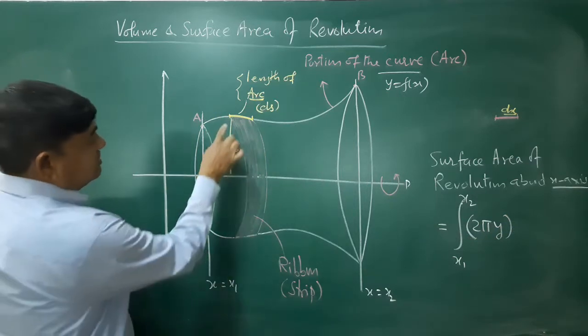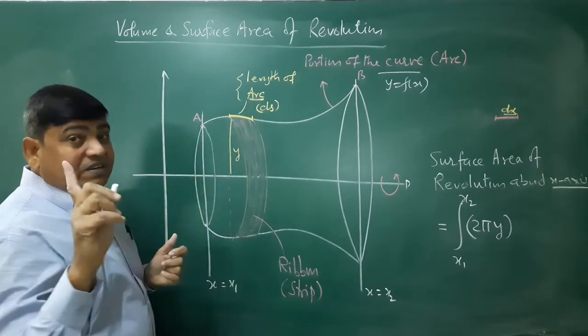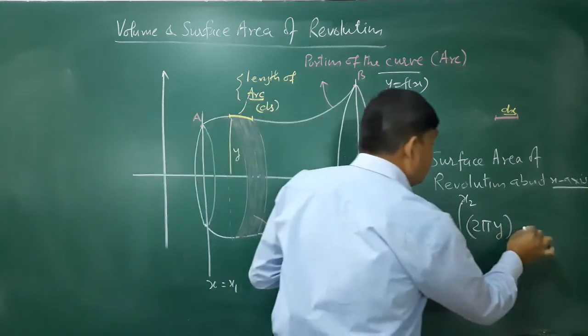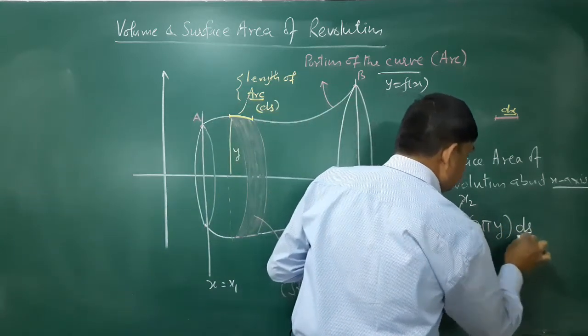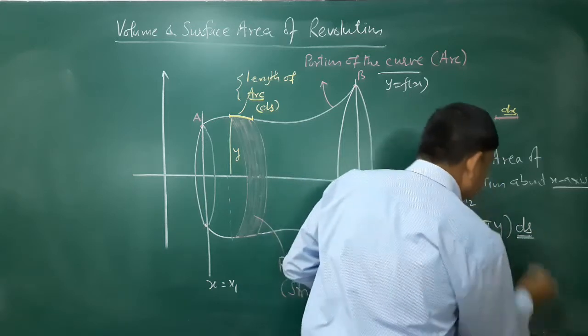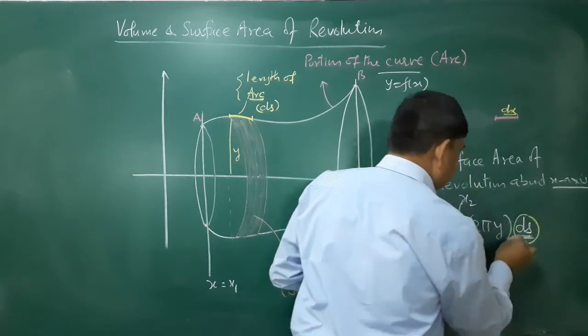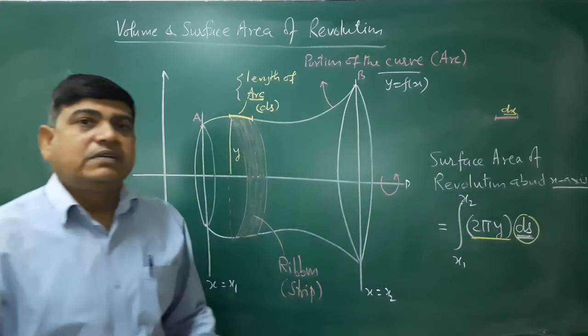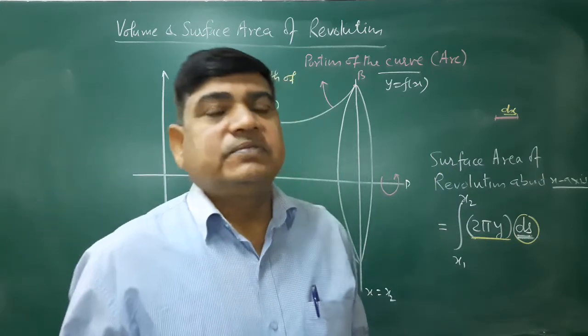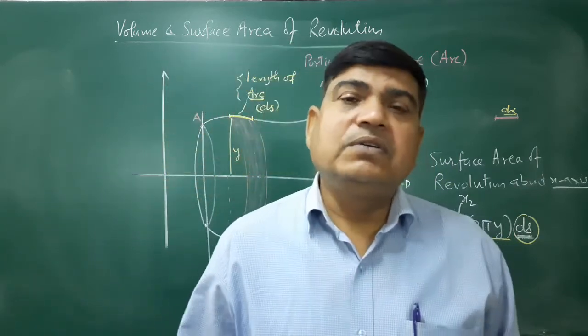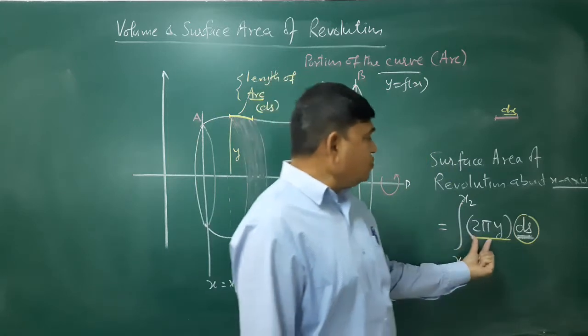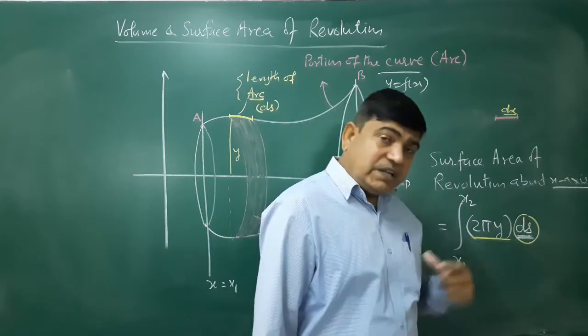Here the width is this arc length. It is not dx. Be careful. So here I write ds. This is important. The formula is the same as you have learnt in lower classes. So this is 2 pi y into ds.